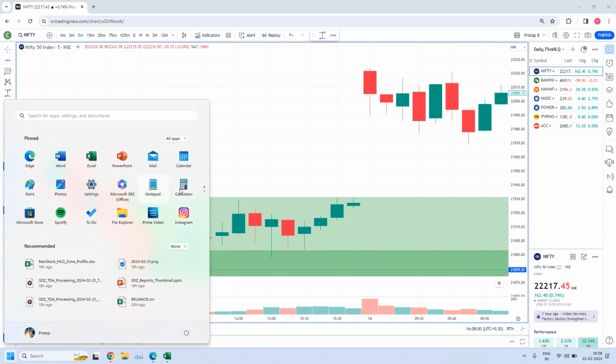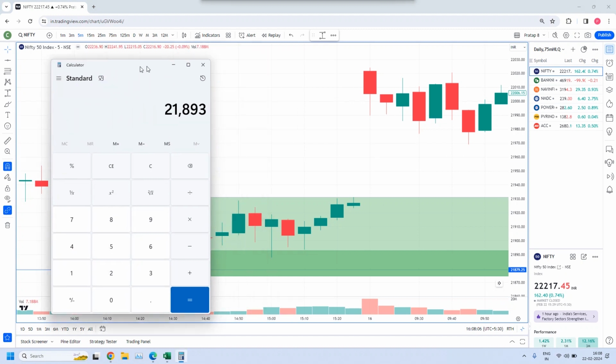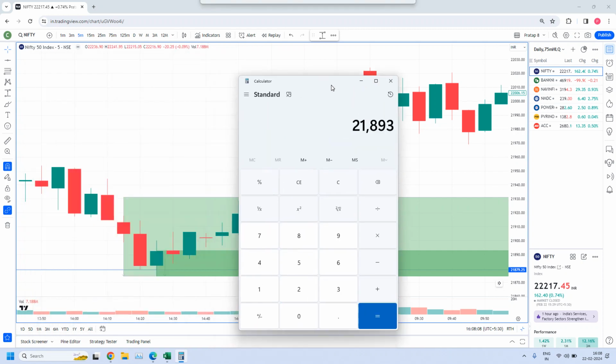Let me take a calculator. 21893. Let me cross check once again. I'm keeping my mouse here and checking the values here. Okay, now what is the value? The open is 21893. This is the equity price.